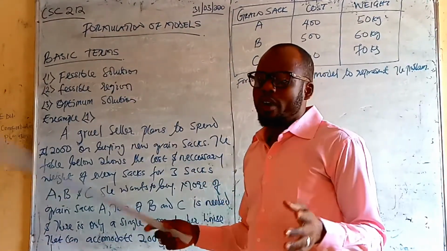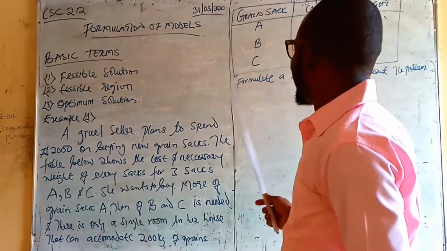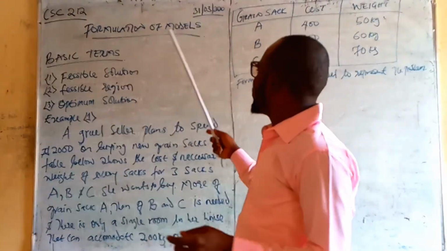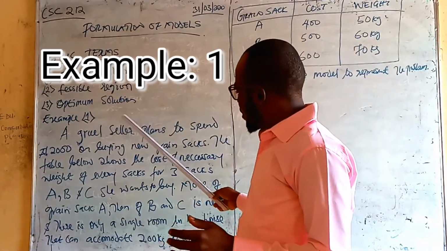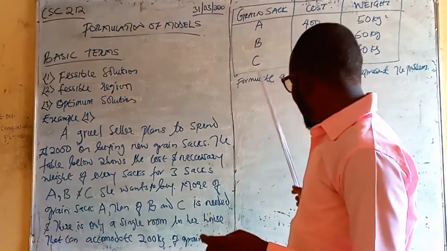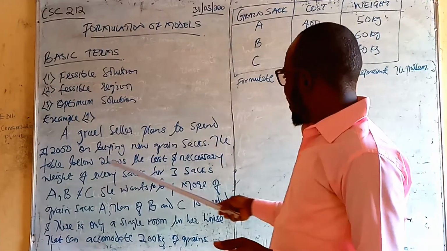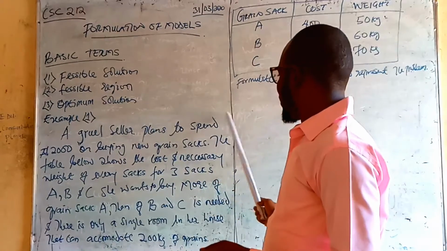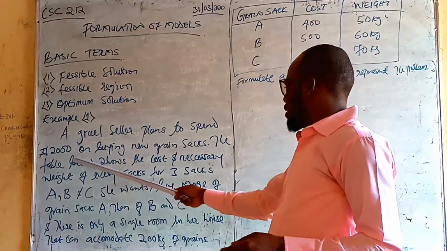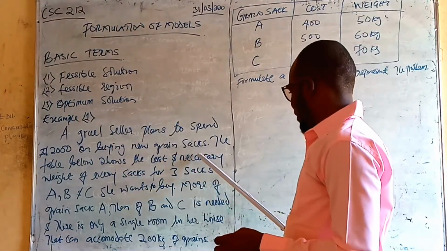Now we are going to start solving examples on how to formulate models. This is one example given. The problem states that a grain seller plans to spend 2,000 naira on buying new grain sacks.